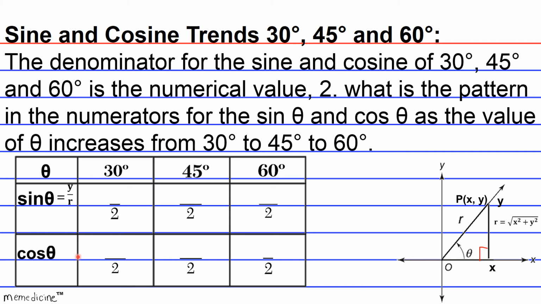And for the cosine of any angle theta, it's going to be the corresponding x-coordinate divided by the hypotenuse. But for our purposes, the x-coordinate corresponds to the adjacent side with respect to the angle theta, so that's what goes in our numerator, and r, or our segment length or hypotenuse, goes in the denominator. So obviously, if all these are true, that means that r has a length of 2 in the case where the angle theta is going to be 30 degrees, 45 degrees, and 60 degrees, okay?